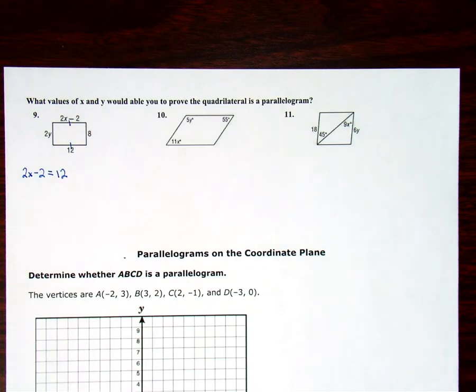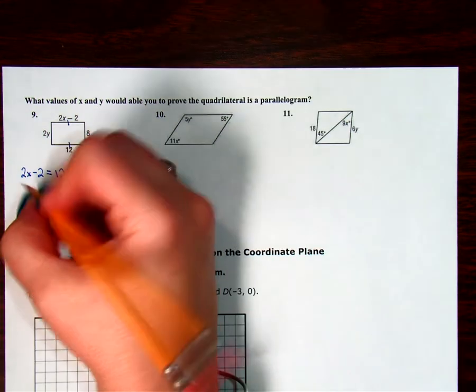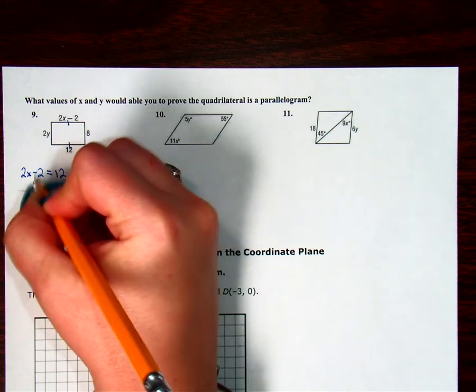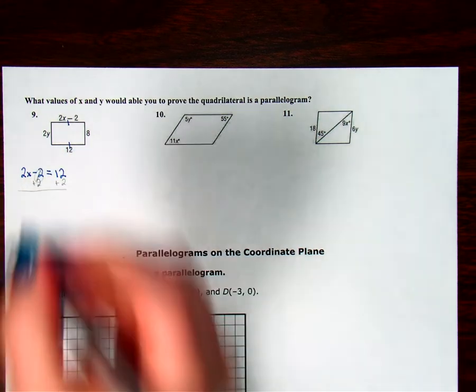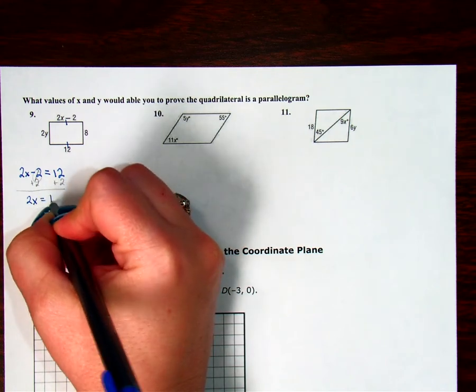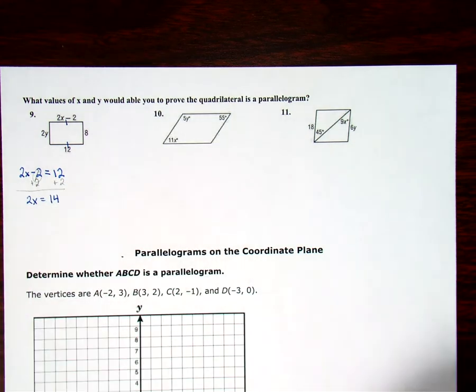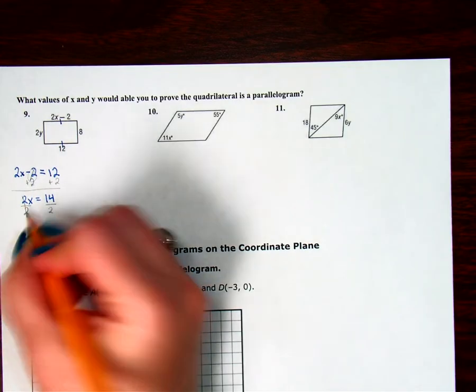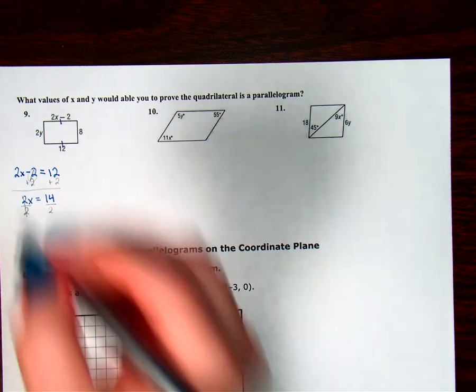Okay, so when I solve that, I'm going to add 2 to both sides, which is going to give me 2x equals 14. Divide both sides by 2. And x is going to equal 7.